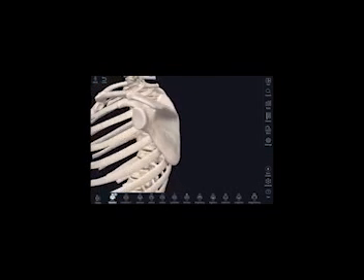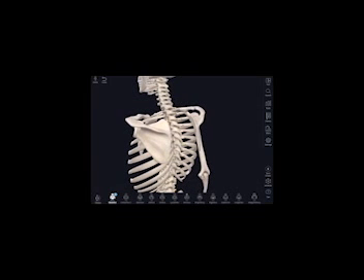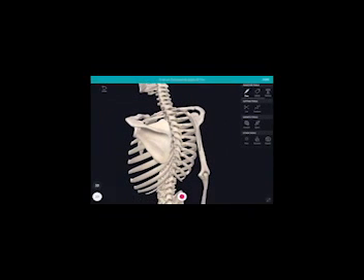Moving on to posteriorly. The acromion continues down and creates what we call the spine of the scapula. The spine of the scapula continues down to the medial border of the scapula, and the top portion right here, this little notch or protrusion, is called the superior angle, and this triangle right here is called the inferior angle.